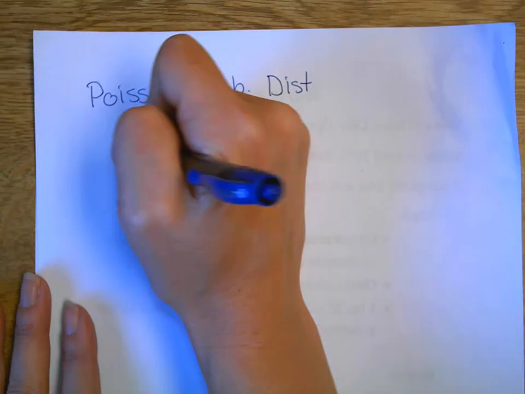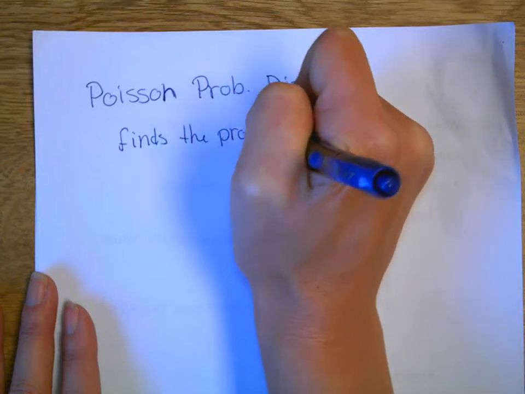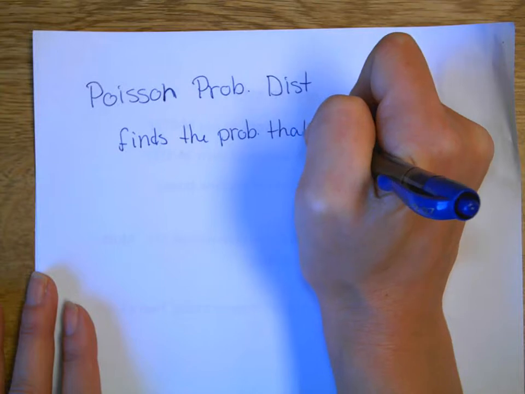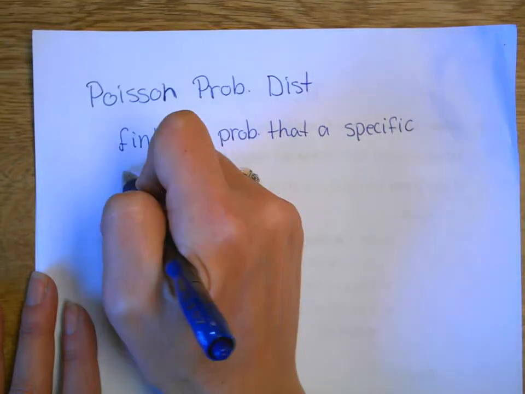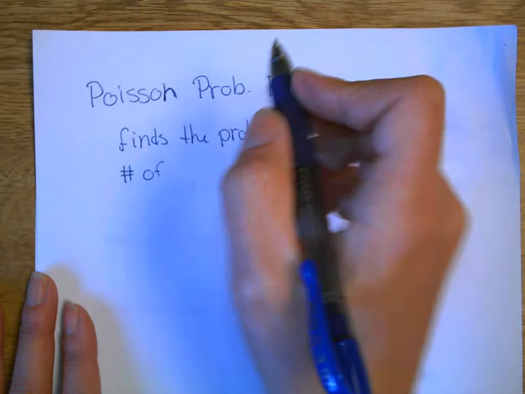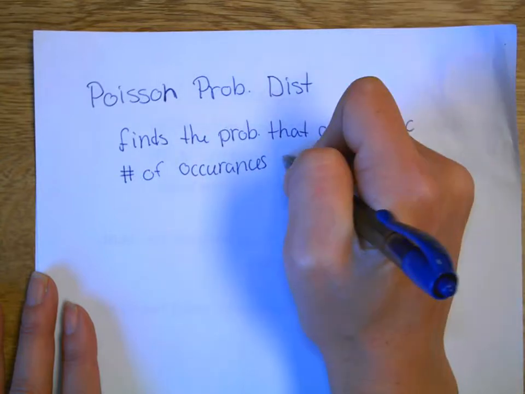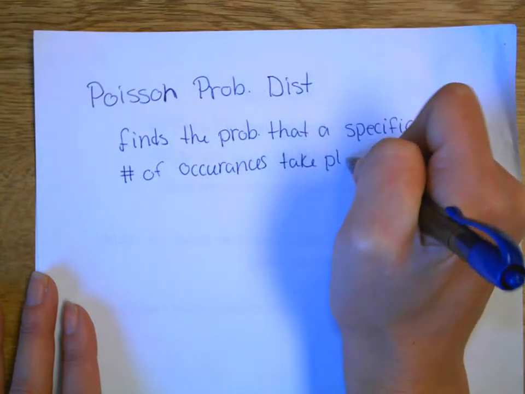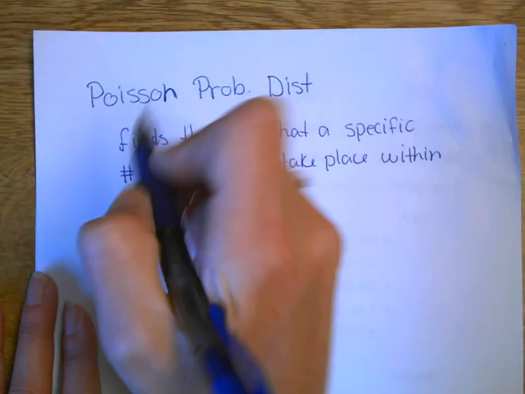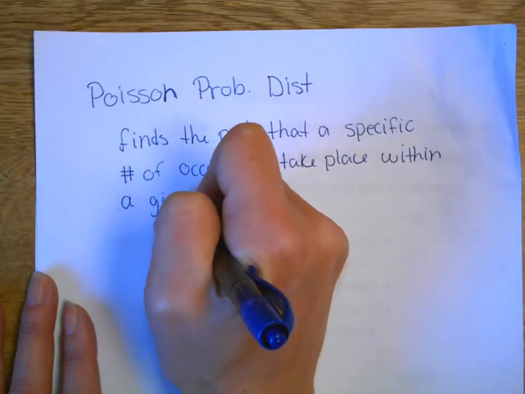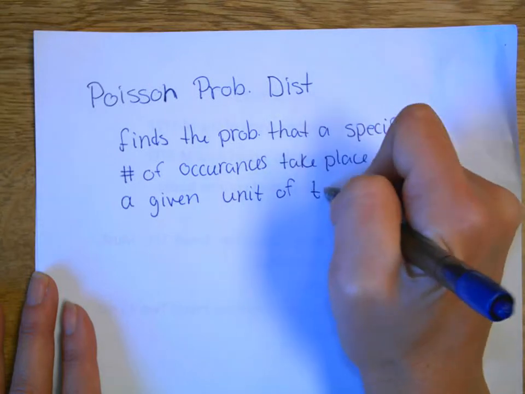A Poisson probability distribution finds the probability that a specific number of occurrences take place within a given unit of time or space.